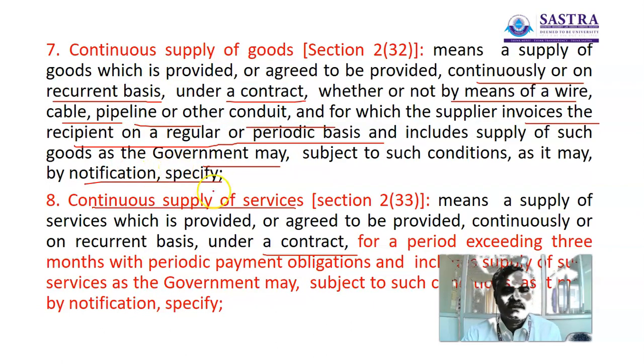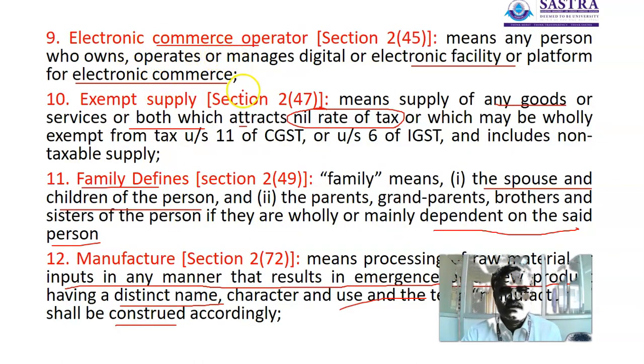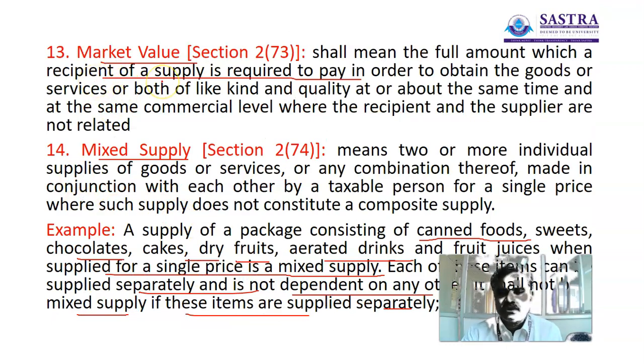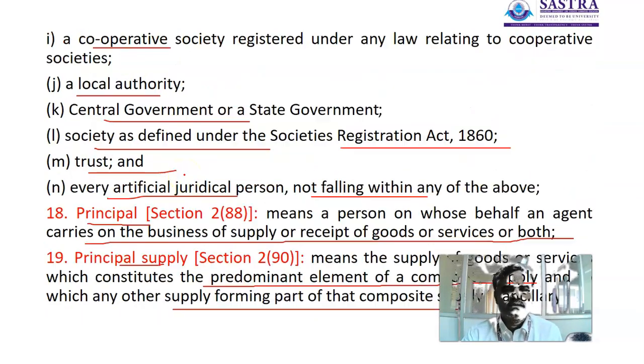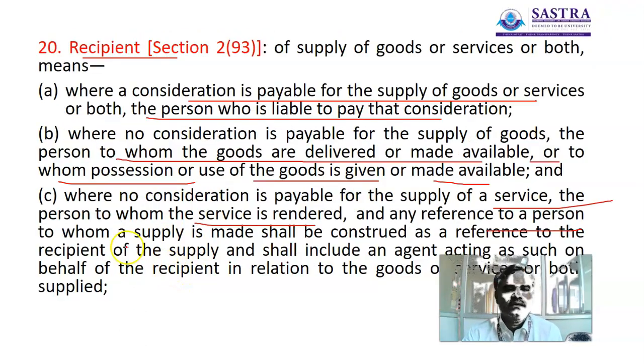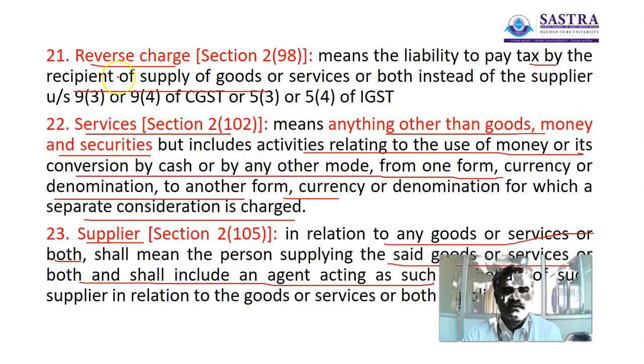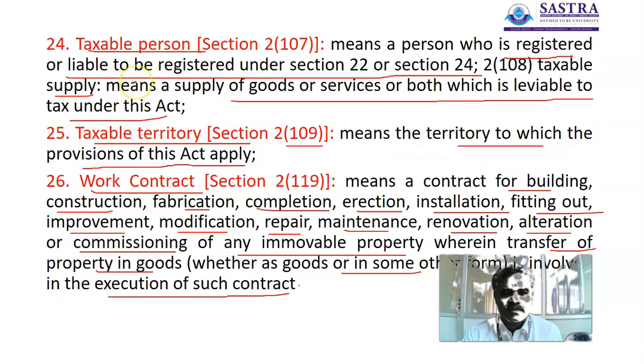Continuous supply of goods, continuous supply of services, electronic commerce operator, exempt supply, family, manufacture, market value, mixed supply, money, non-taxable supply, person, principal supply, recipient, reverse charge, service, supplier, taxable person, taxable territory.